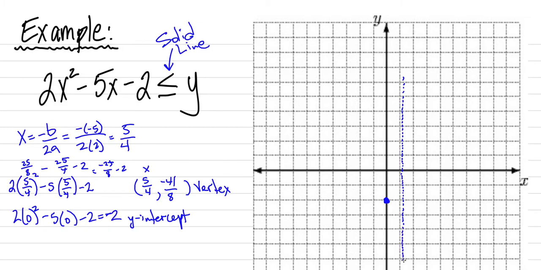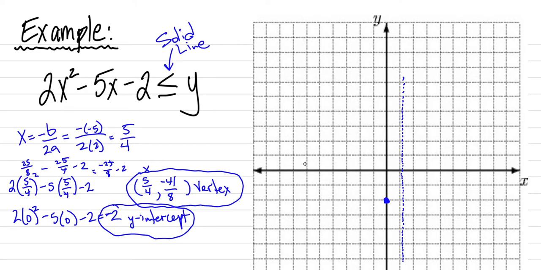So now that I figured that, vertex. How about this, Alexandra? Can you tell me where to graph the vertex? How do I graph 5/4 and negative 41/8? Not sure? Okay. So 5/4 would mean I would go 5/4 to the right, which is my dotted line.